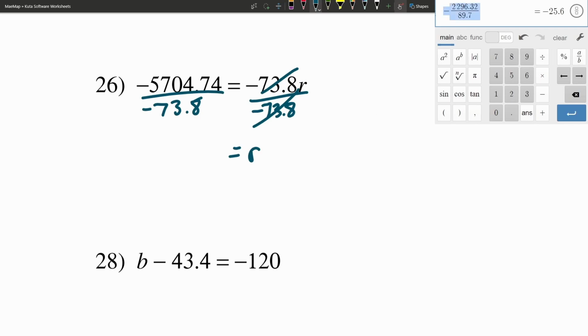Let's see what positive number that is. So I'm going to have a negative 5,704.74 divided by a negative 73.8 is going to be 77.3. So 77 and 3 tenths is our solution for number 26.